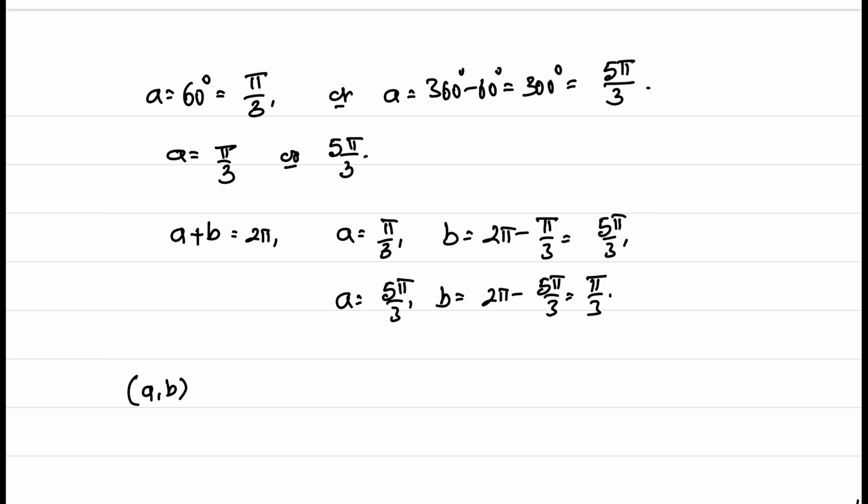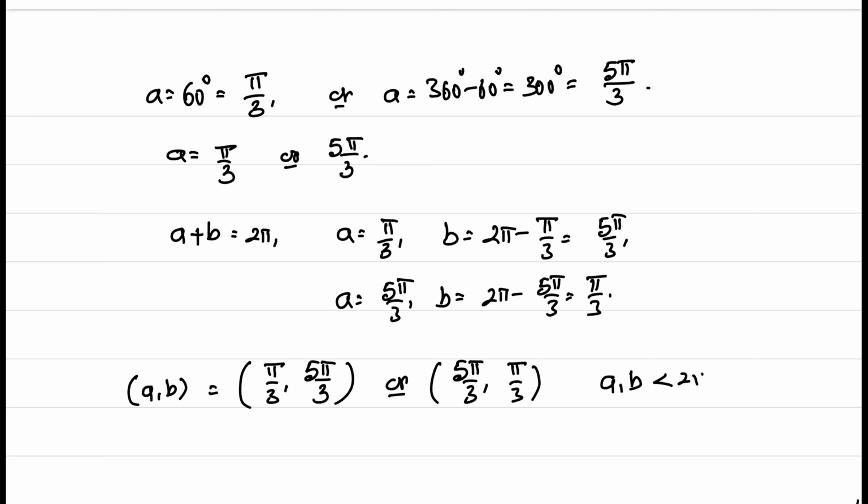A is pi by 3, b is equal to 5 pi by 3, or a is equal to 5 pi by 3 and b is equal to pi by 3, provided a, b are in the range 0 less than or equal to a, b less than 2 pi. It is like this, for this condition.